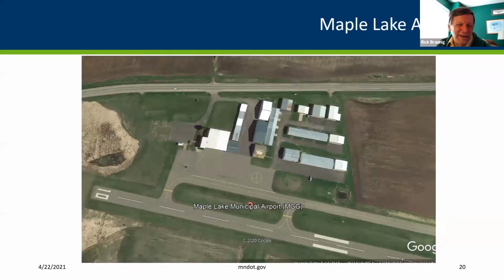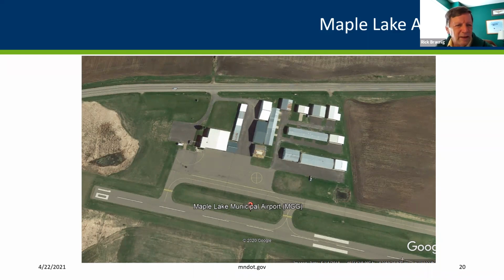As you can see here, here's Maple Lake, and they're an old airport, been around a long time, and they're totally built out. It might look like you could expand the ramp out to the left side, but that's a really steep grade off the left side of the ramp, and really not much room to work with.